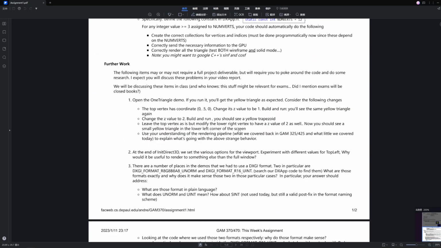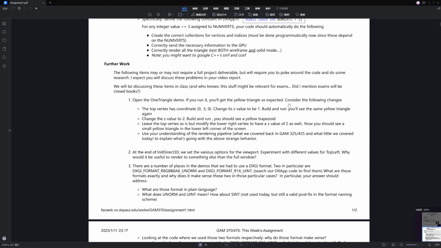Further work for question number 1. If we change our top vertex z value to be 1, it will still be the same because we set up the depth value, like maximum depth value z is 1 and minimum is 0.